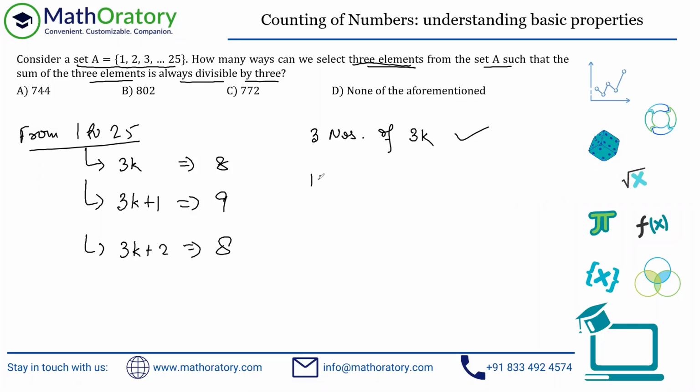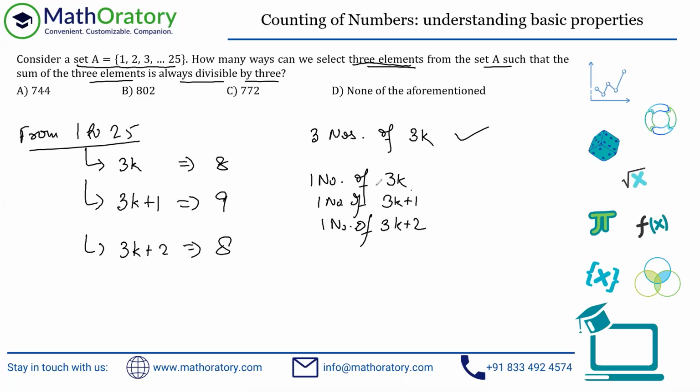Let us consider one number of type 3K. Now this is interesting. If I do take one number of type 3K, then I can actually take one number of 3K plus 1 and one number of type 3K plus 2 to get a multiple of 3. Just notice these two. Forget about the 3K, it is irrelevant actually.